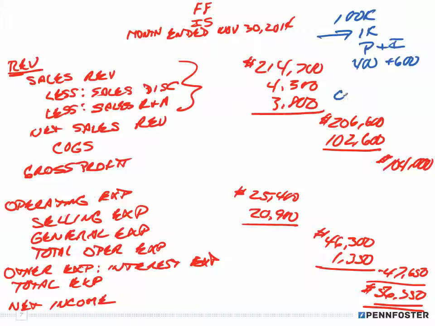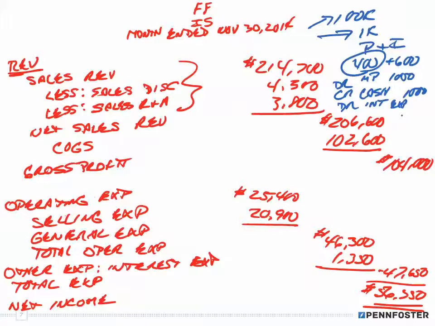So I'm going to credit my cash for 1,000, and I'm going to debit mortgage payable for 1,000. No, that's not right, because I'm not paying off a full 1,000. I'm only paying off 400 in principal. So I also have to debit interest expense for 600, and the mortgage payable is only 400. So now, instead of owing 100,000, I owe $99,600.